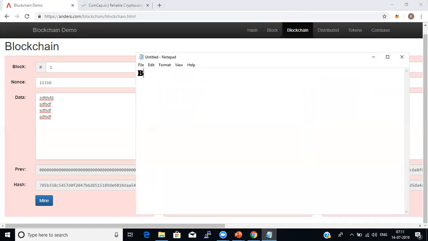So a block contains data. Number 2, the block contains the block index. Number 3, the block contains the block creation timestamp. Number 4, the block has the previous block hash value.